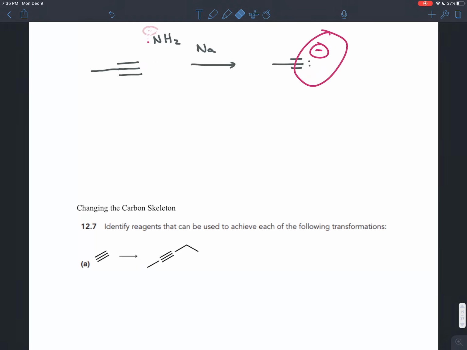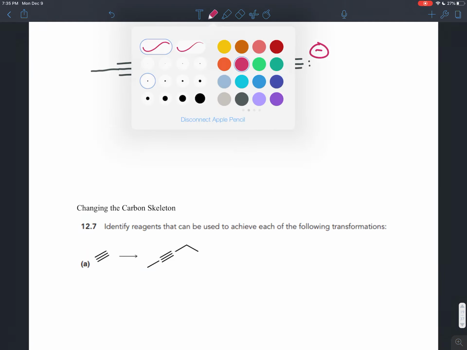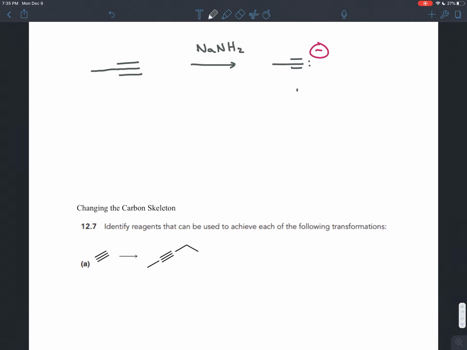So, if you treat a terminal alkyne, and it does have to be terminal, the alkyne has to be at the end of a carbon chain, with a strong base like sodium amide, then it gets this negative charge and can act as a nucleophile. And you can make a new carbon-to-carbon bond by doing an SN2 reaction with that nucleophile.